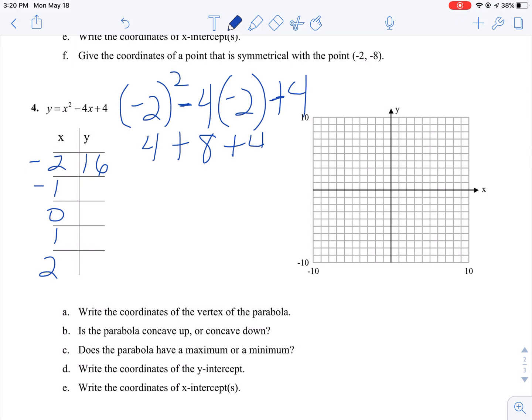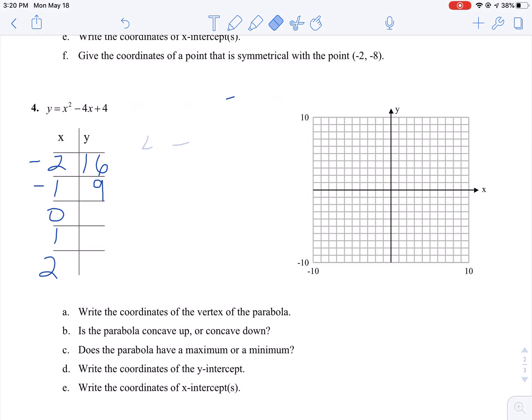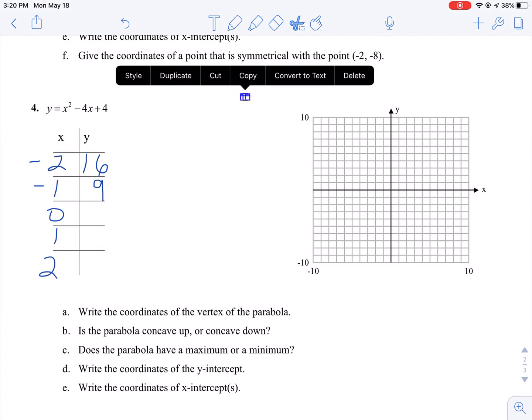At negative 1, we'll square that, multiply it by negative 4, and then add 4. So if x is negative 1, we get 1. And then this right here gives us plus 4. And then plus 4 more, that's 9. At negative 1, it's equal to 9. I'm going to keep erasing these as I do them, just to make it not so messy.